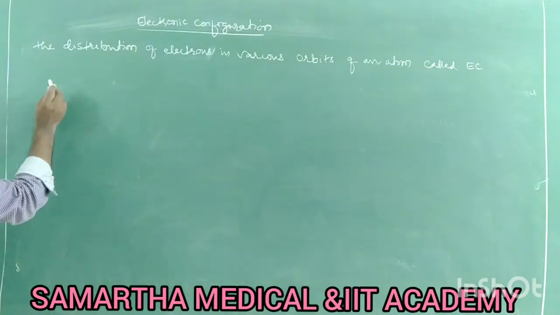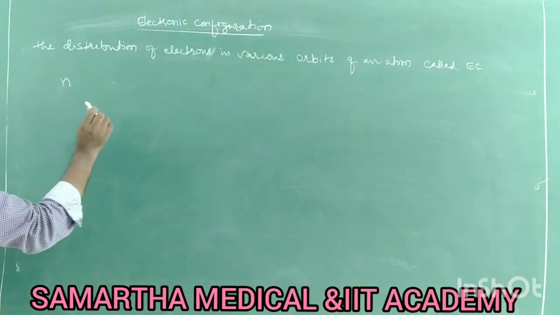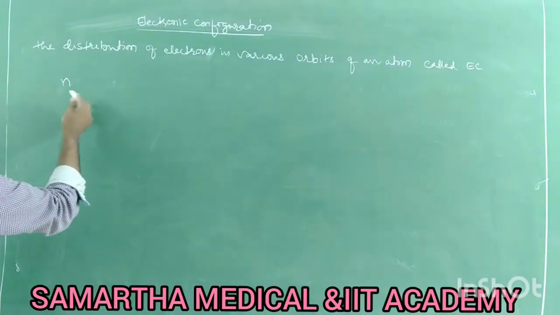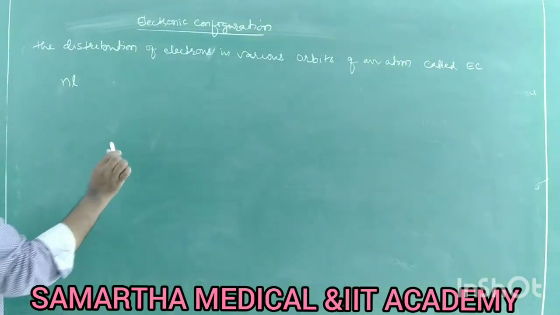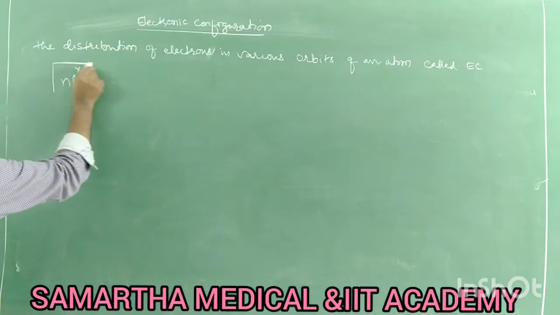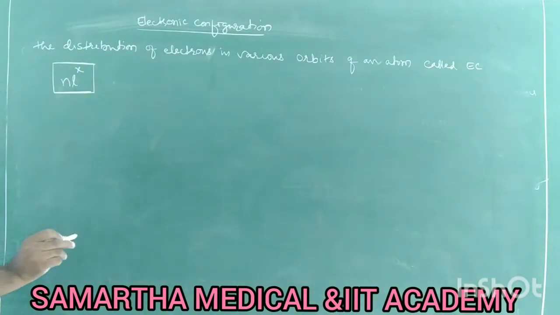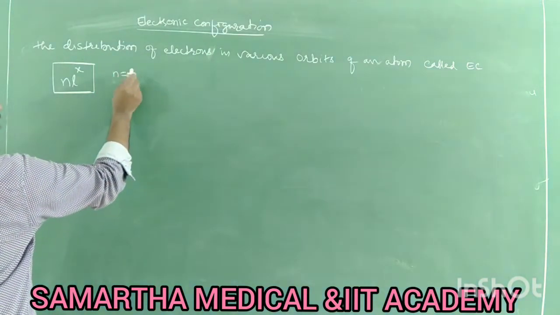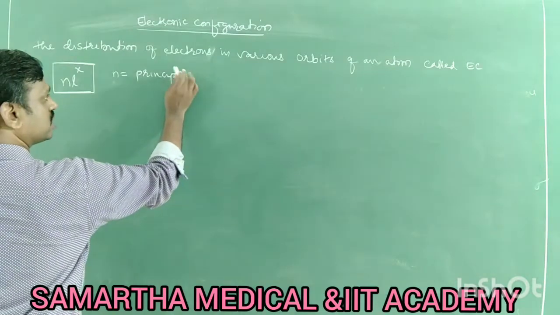Electronic configuration is usually shown with n, which is called the principal quantum number, that we also studied in first PUC. l is called the azimuthal quantum number, and x is the number of electrons.